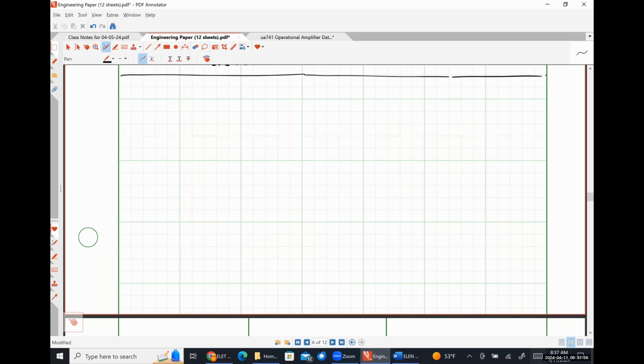So the reason why we're able to draw this single phase equivalent circuit is because we know that in a balanced system, all of our voltages and currents, line voltages, line currents, phase voltages, and phase currents will all have equal magnitudes, and they will all be 120 degrees out of phase with each other.